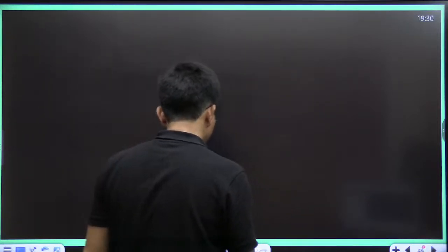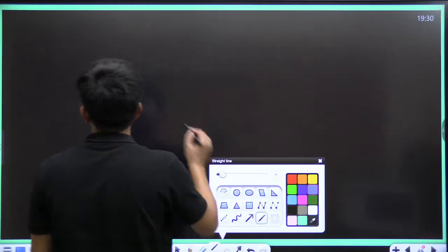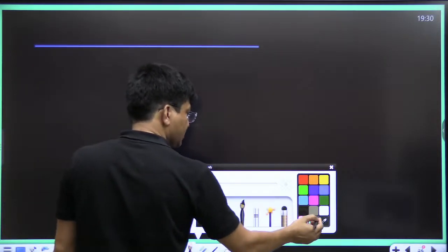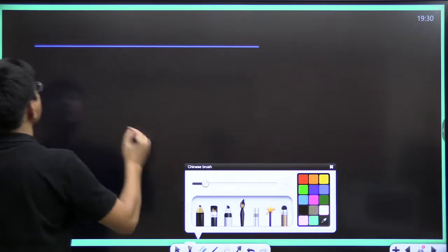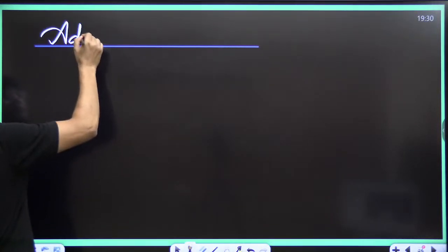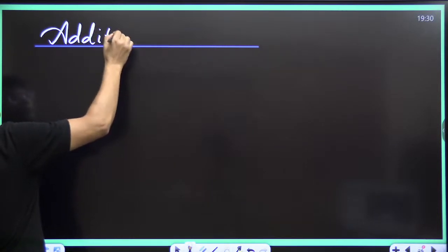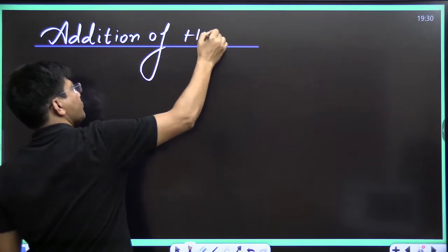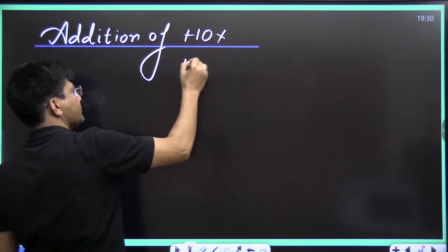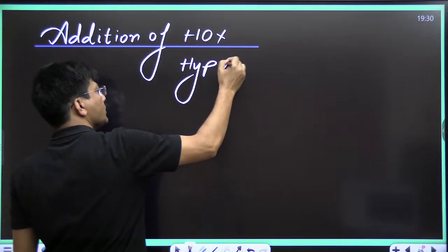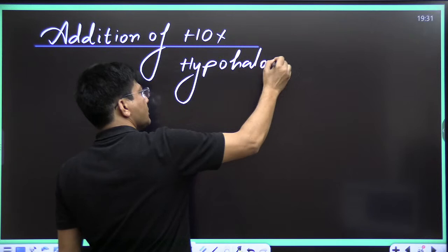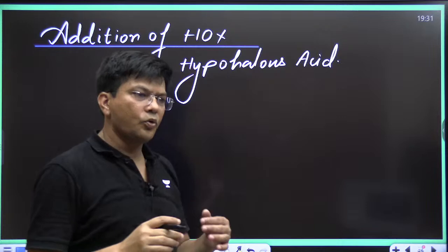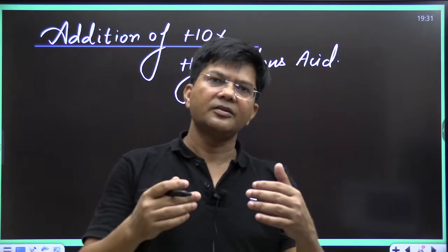Let me tell you addition of HOX. The third type of addition is addition of HOX. I hope that everyone is ready to understand addition of HOX. Now this HOX is known as hypohalous acid. You must have heard the names hypohalous, halous, halic, perhalic.